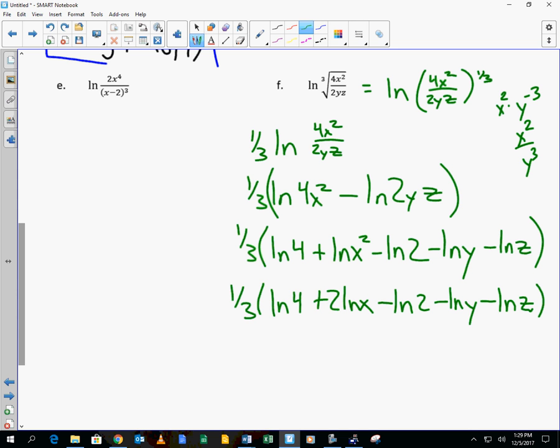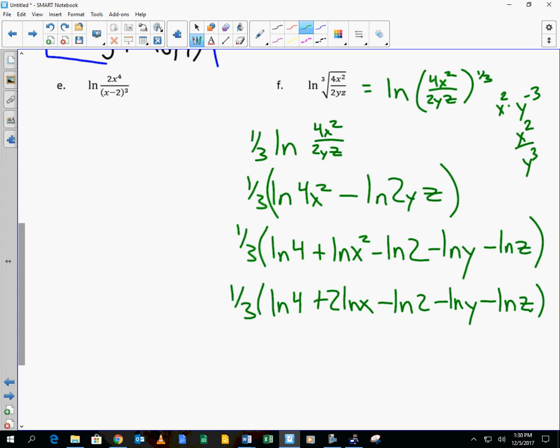Well, look. Is the z in the numerator or denominator? So it has a negative exponent then, right? And its value is negative. Y, numerator or denominator? Denominator. So its exponent has a negative value. Negative natural log of y. The 2, numerator or denominator?